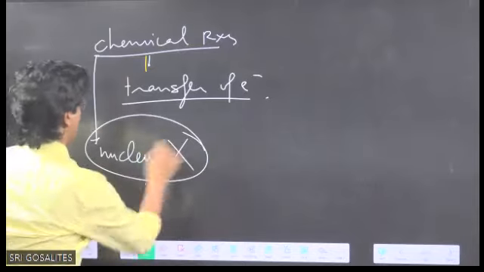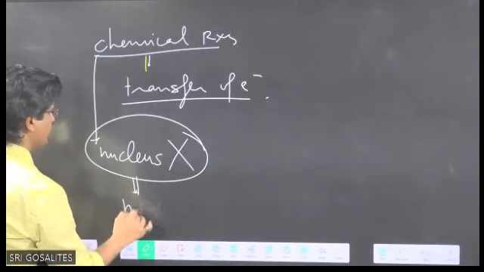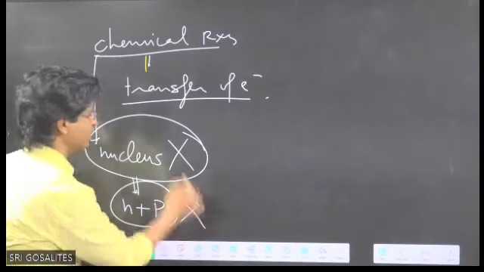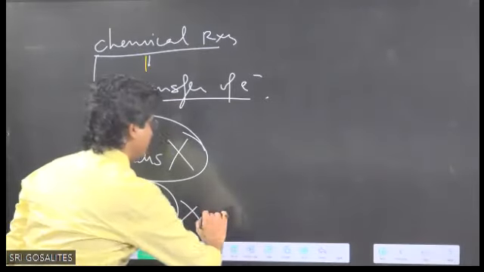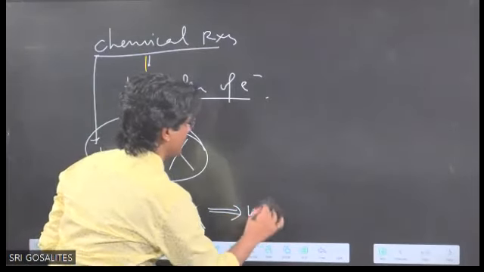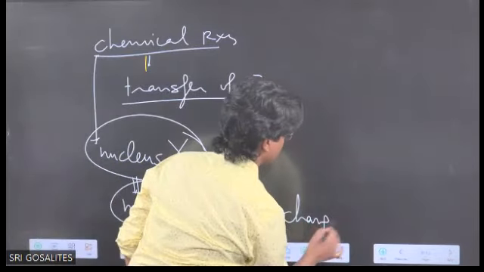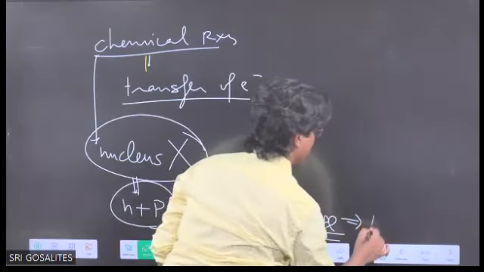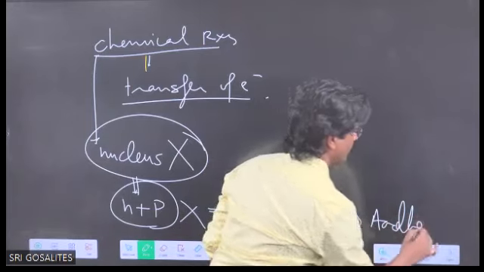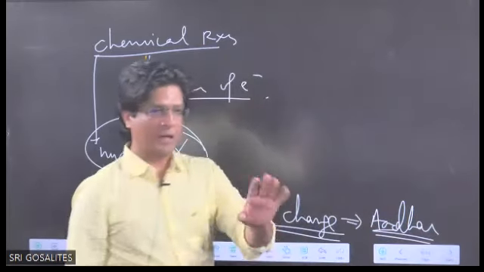If the nucleus is not participating, that means neutrons and protons are not participating. That means it will remain intact. It will not change. So if it is not going to change, it becomes its Aadhaar card, the fingerprint, the DNA. Agree or not?